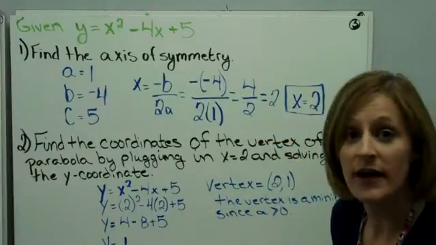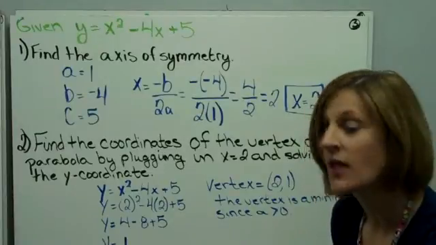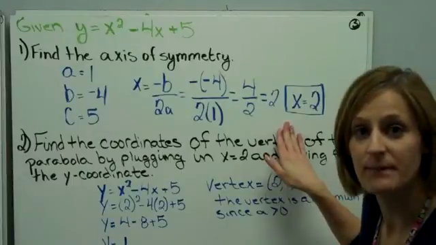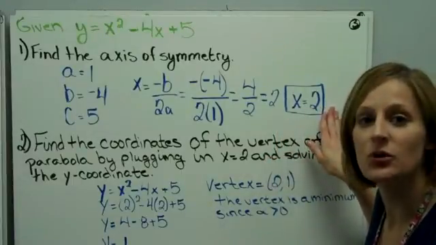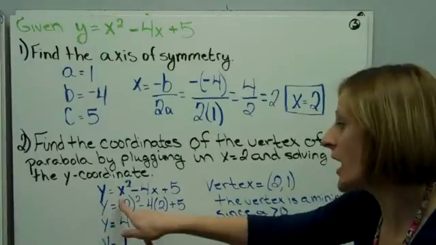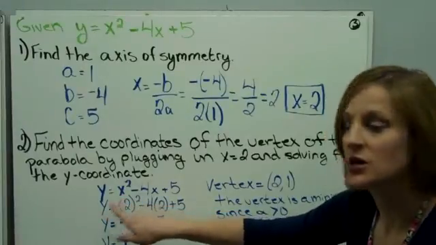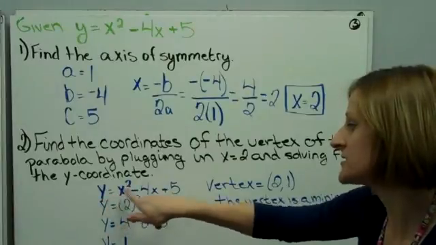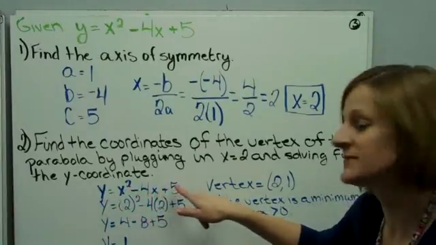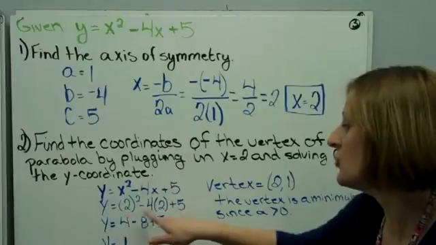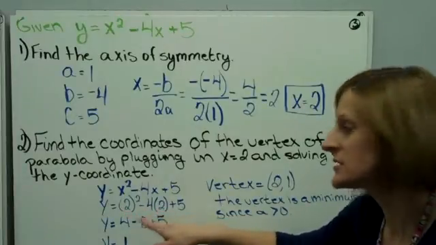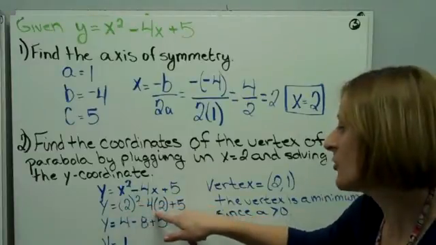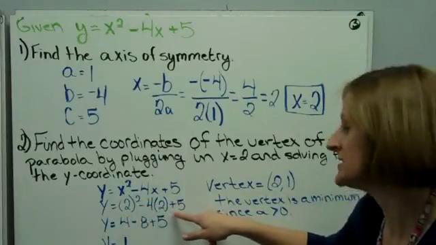Now, what if I want to find the coordinates of my vertex? The first thing you need to do is find the axis of symmetry, take this x value, and plug it in for your x in your equation. So I do y equals x squared minus 4x plus 5. I plug in 2 where I see my x values, so I get y equals 2 squared minus 4 times 2 plus 5.